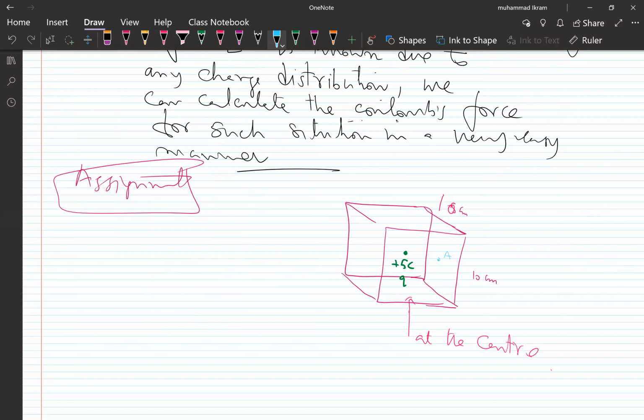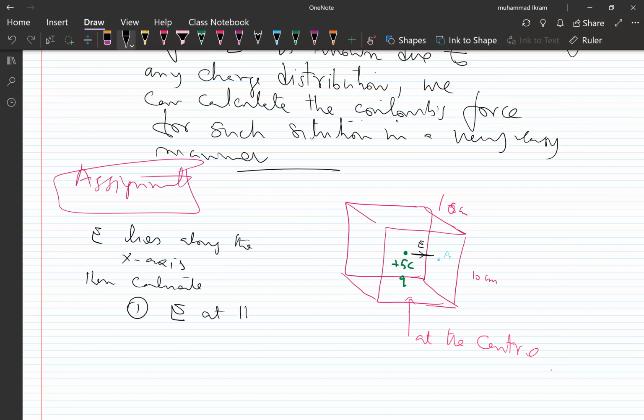Then calculate, I will give you, this is point A. The electric field E lies along the x-axis purely. That is, we only consider this along the x-axis only. This is E. Then calculate, number one, E at the point A, the electric field intensity at the point A. Number two, the electric flux through the surface.